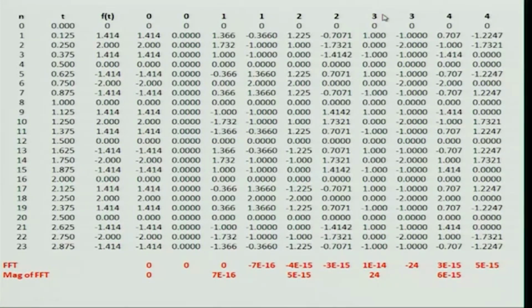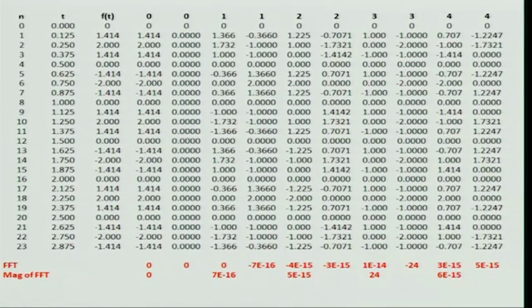Now 3 is not the same as the frequency. Frequency was 1 hertz. This is 3. But for the Fourier component when k was 3, the value of xk is 0 minus 24i, and the magnitude of it is 24. And then for the fourth component, x4, it is again 0 plus 0.